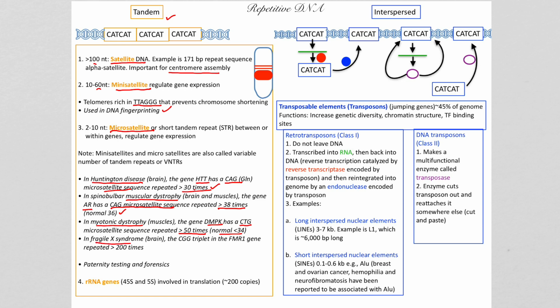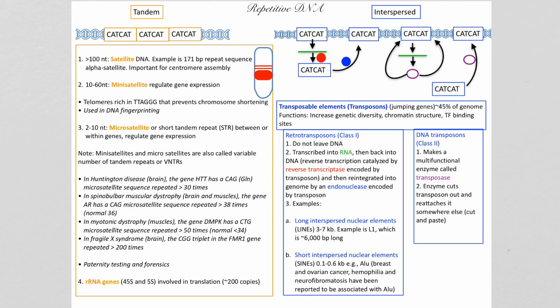In Fragile X syndrome, which affects the brain, the CGG triplet in the FMR1 gene is repeated many times. Besides the association with diseases, microsatellites are also used for paternity testing and forensics. A lot of your ribosomal RNA genes are also tandem repetitive sequences.